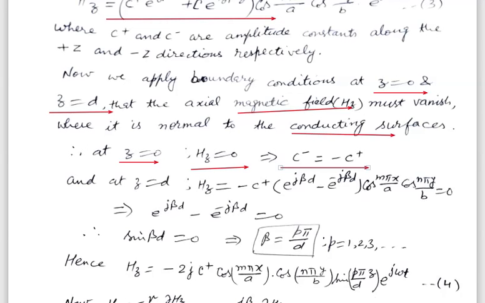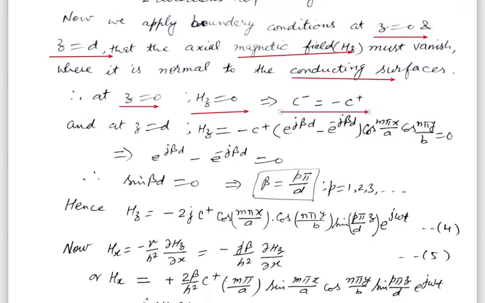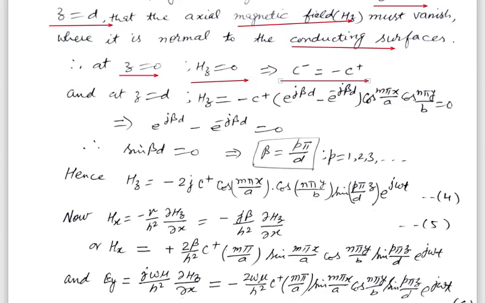So when we put z equal to d in equation 3 along with C minus equal to minus C plus, this gives us the condition that sin beta d must be 0, or beta is given by p pi over d, where p is an integer.